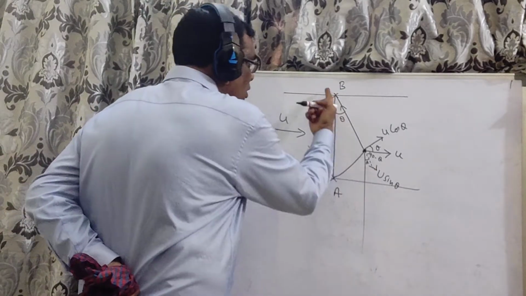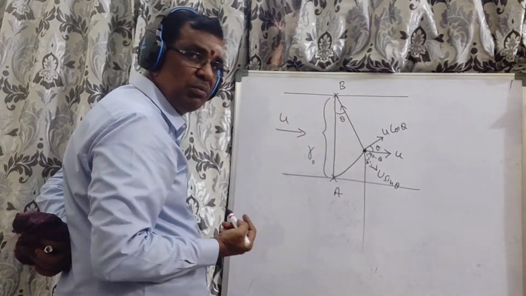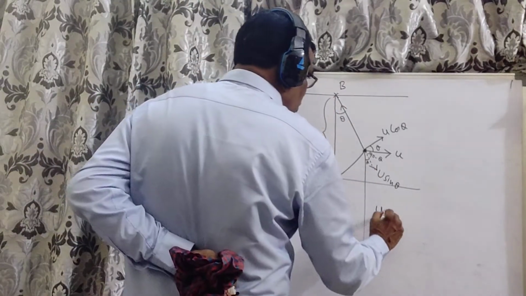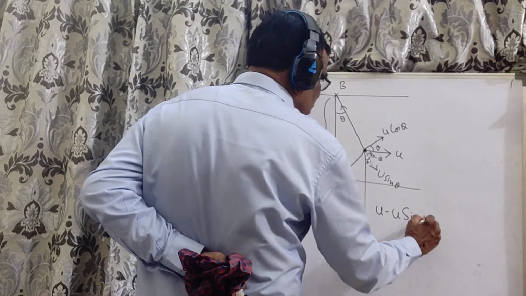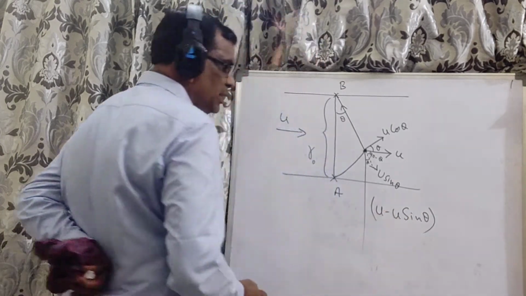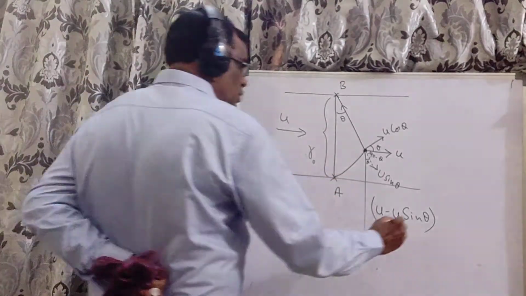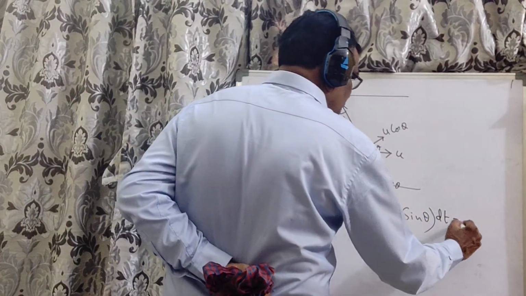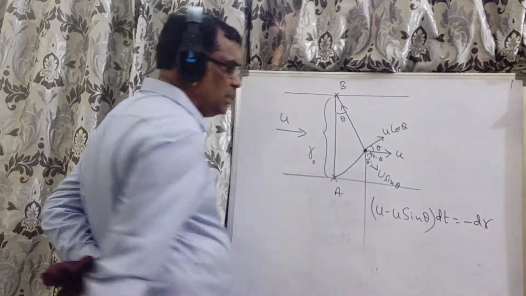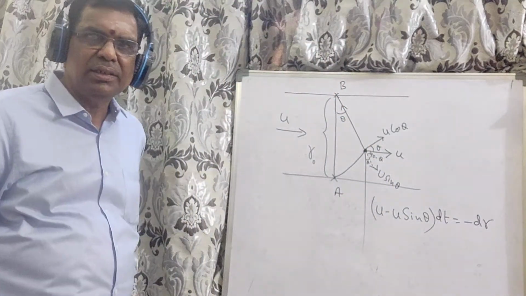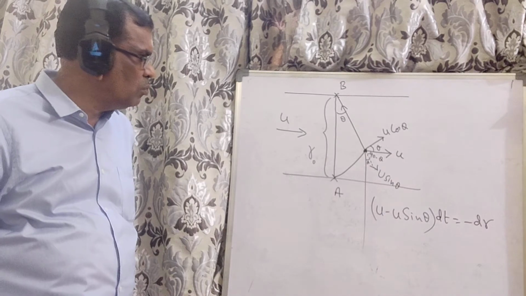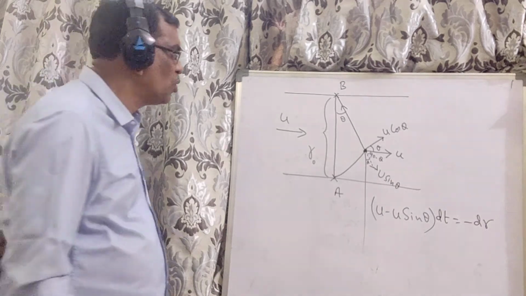What is the velocity of approach towards B? U minus U sin theta. I mean the same as what we have kept. In small time dt, the distance is reduced by dr, that is minus dr.